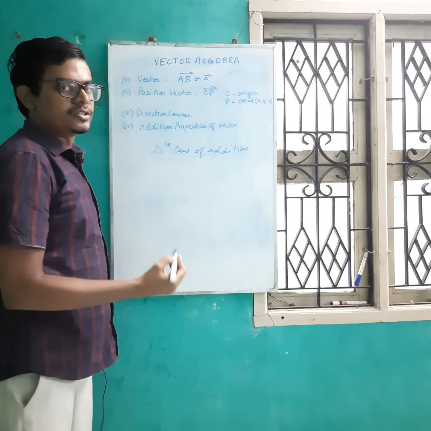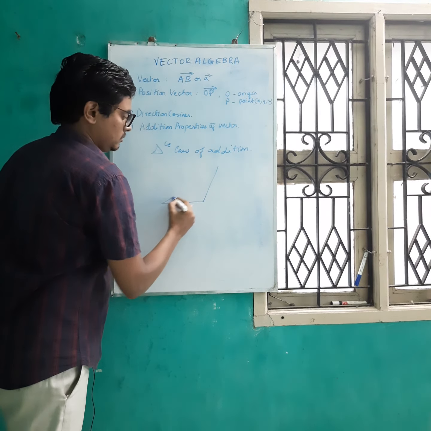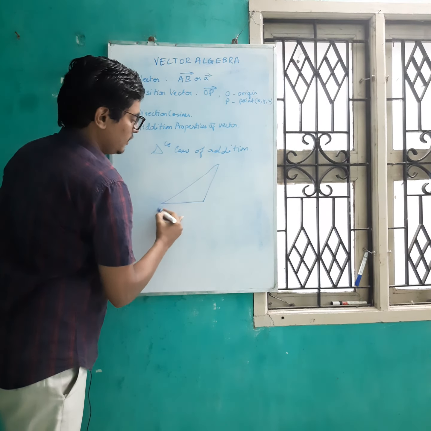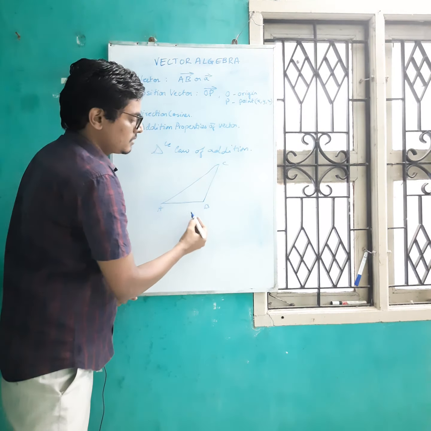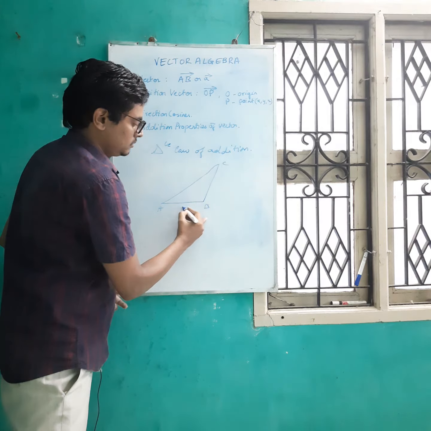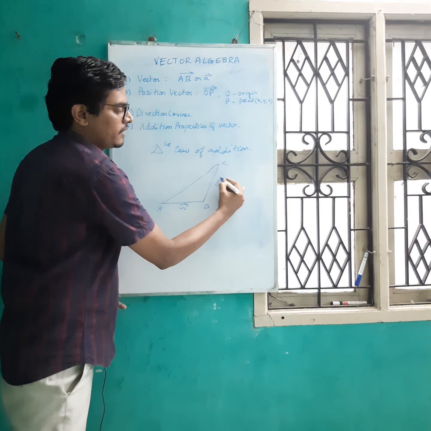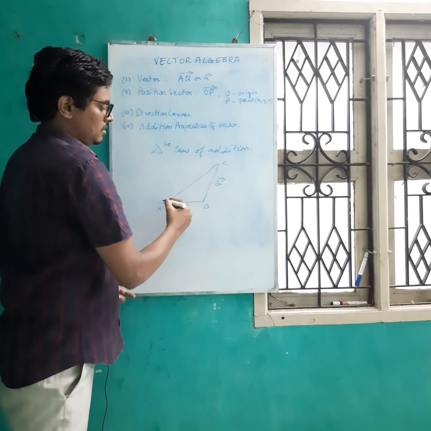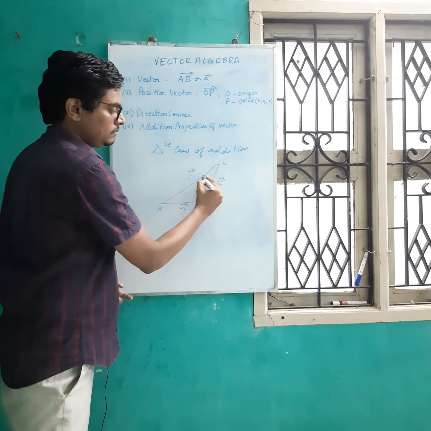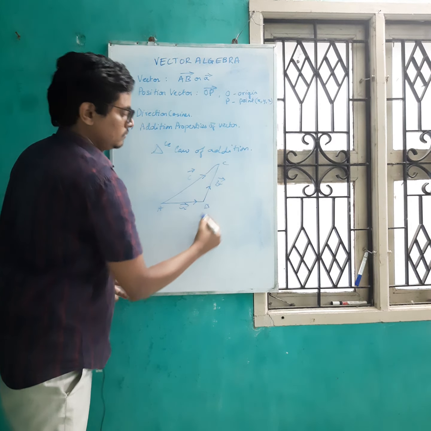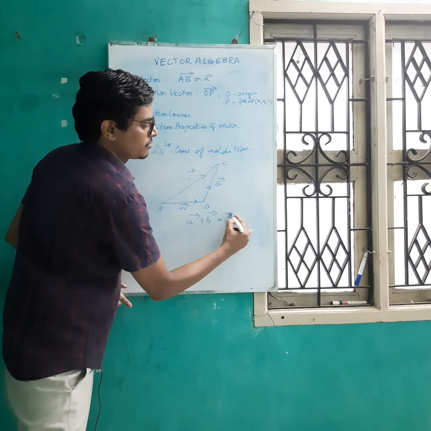Triangle law of addition states that in triangle ABC, AB represents A vector and BC represents B vector, then AC vector represents C vector, A vector plus B vector is equal to C vector.